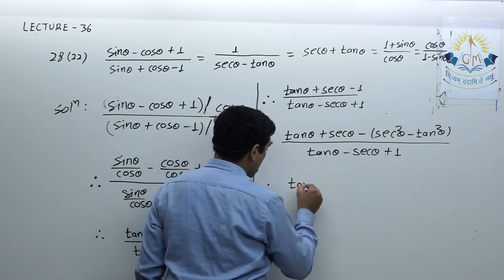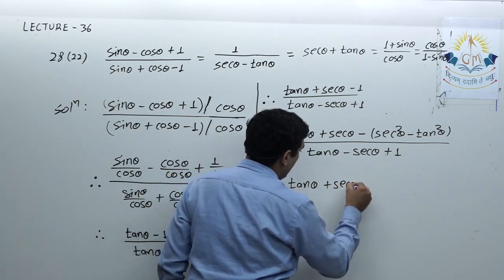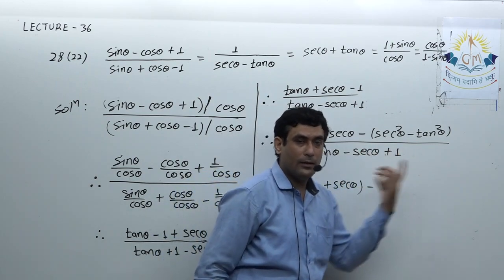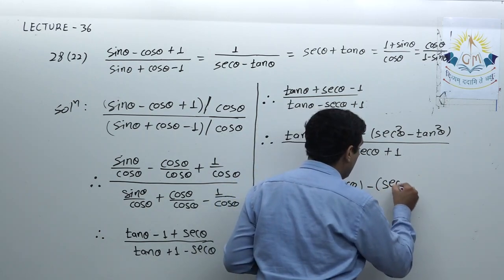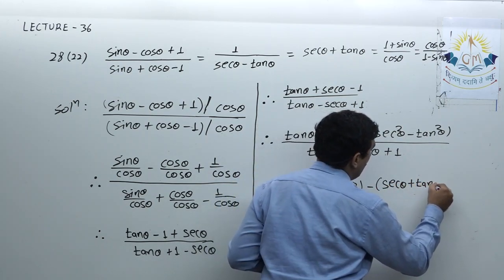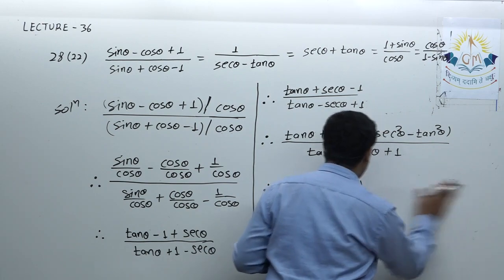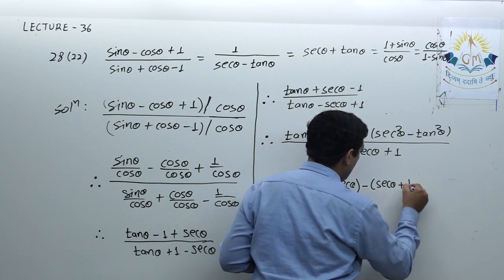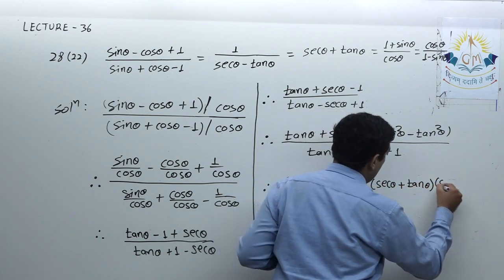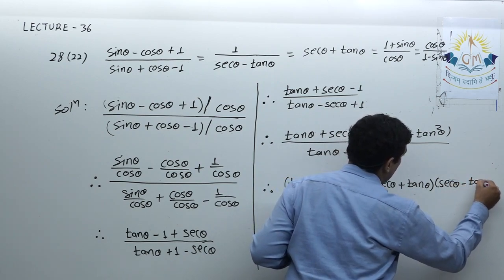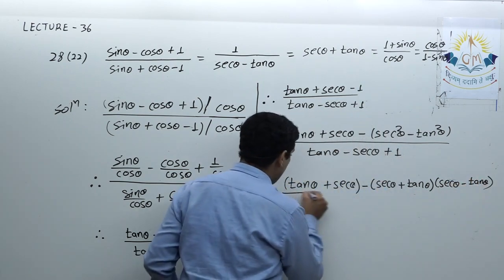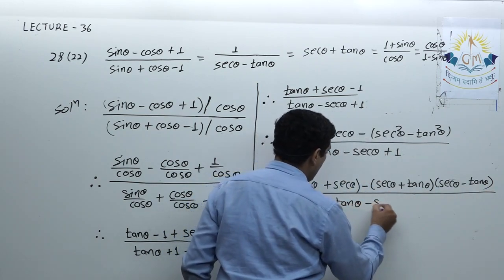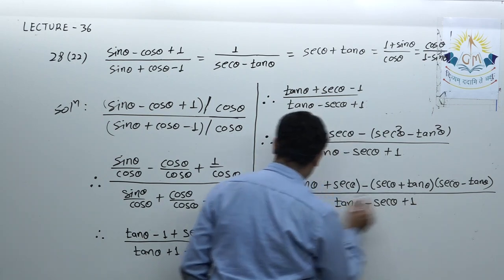Now tan theta plus sec theta I write as it is, and over here I can apply the identity of a squared minus b squared, that is sec theta plus tan theta into sec theta minus tan theta, divided by tan theta minus sec theta plus 1.